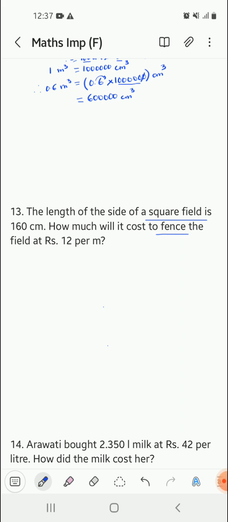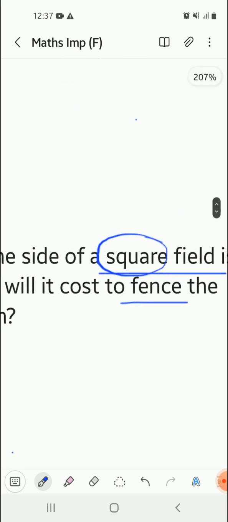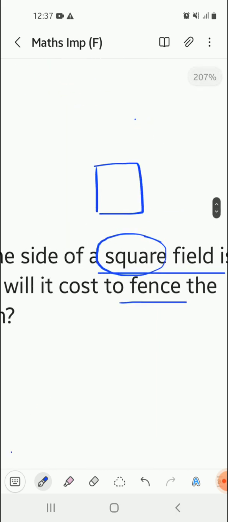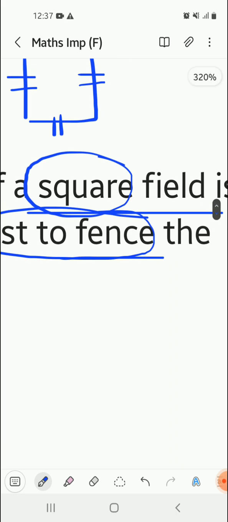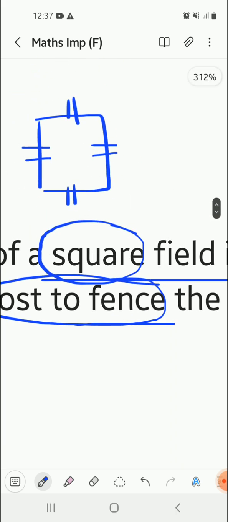First of all, it is a square field. Square means all the four sides are equal. We have to find the cost to fence. Fence means to border. If this is a field and you want to put a border around it, that is my fence.